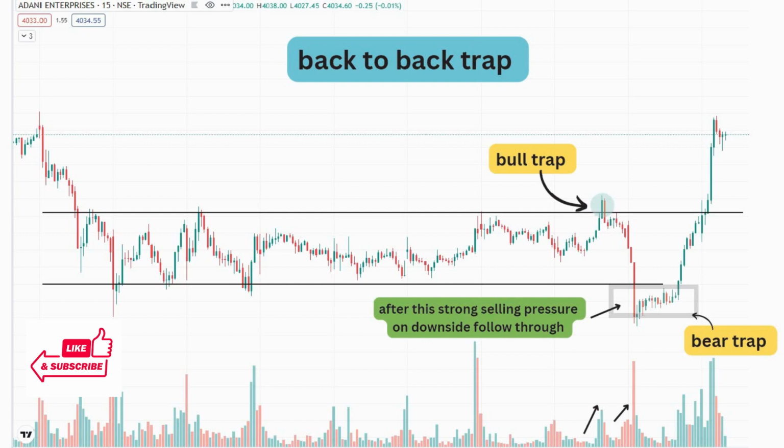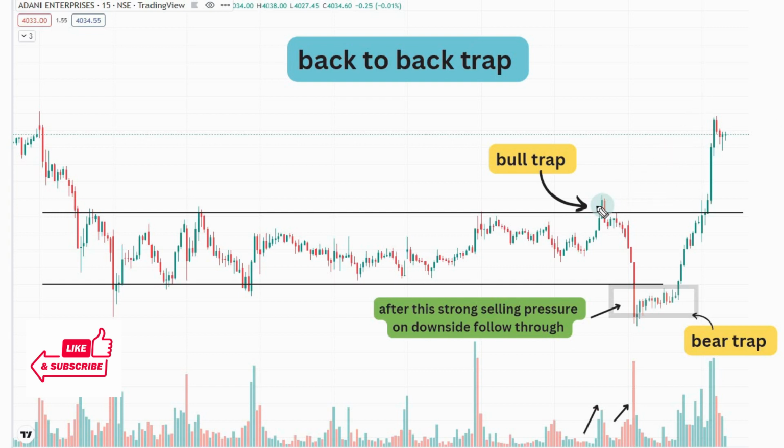Now see, buyers defended from here. After that, prices are continuously forming higher lows and consolidating near the resistance zone. So this is a sign of bullish pressure in the market. If this breakout with an increase in volume was backed by very strong buyers, then it should have continued the upward momentum.